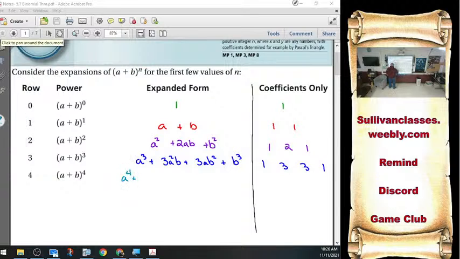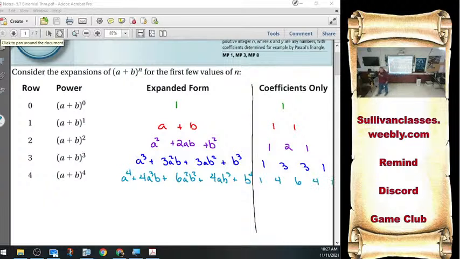A to the fourth plus 4A cubed B plus 6A squared B squared plus 4AB cubed plus B to the fourth, getting coefficients of 1, 4, 6, 4, 1.